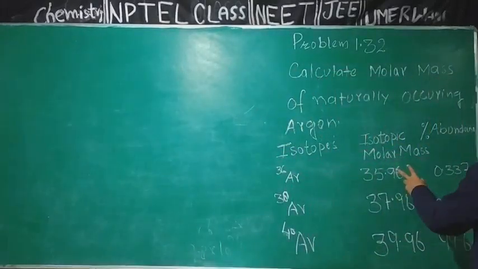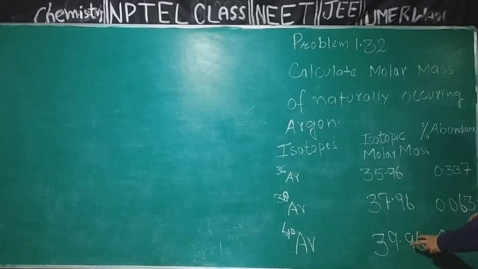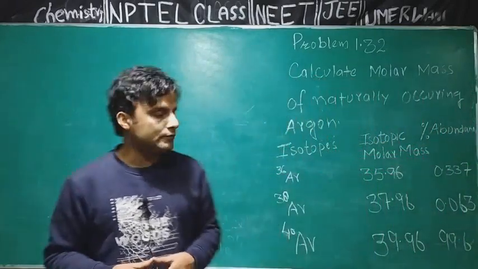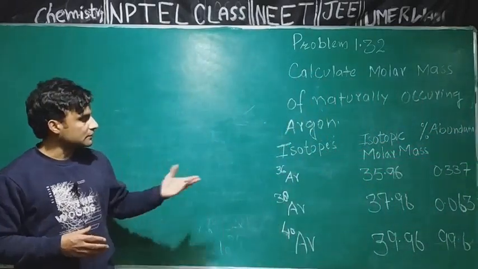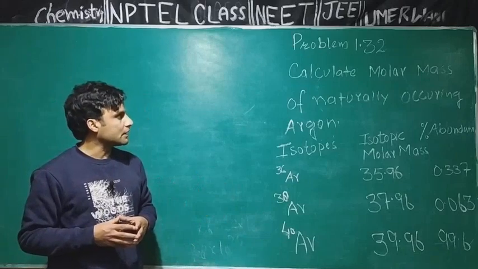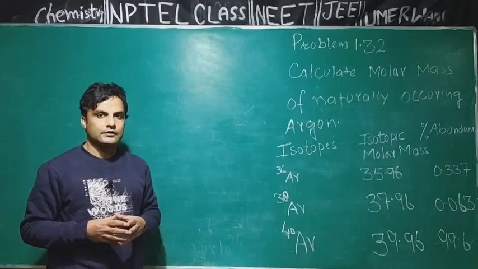Their isotopic molar mass is given and their percentage abundance is also given. Now, using this data we have to calculate the molar mass of naturally occurring argon.